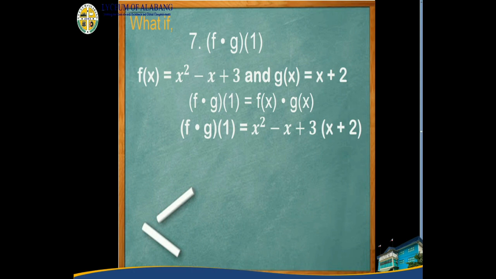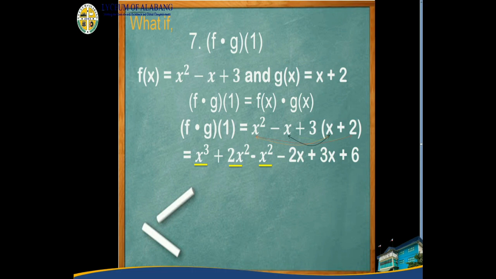Then, simplify. x squared times x is equal to x cubed. x squared times 2 is equal to 2x squared. Negative x times x is equal to negative x squared.